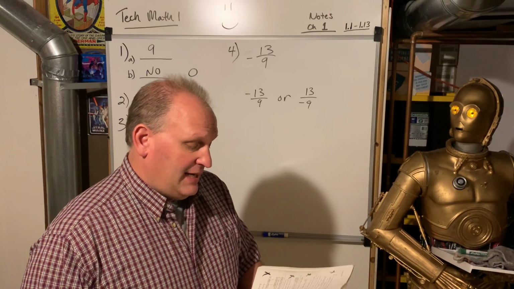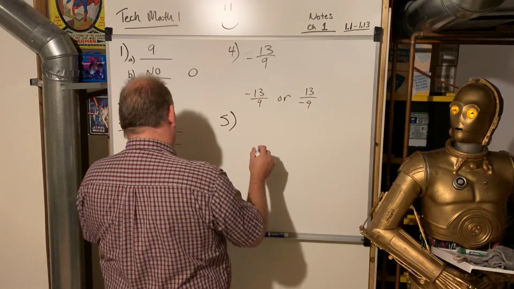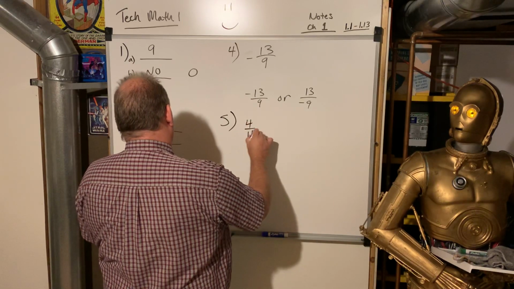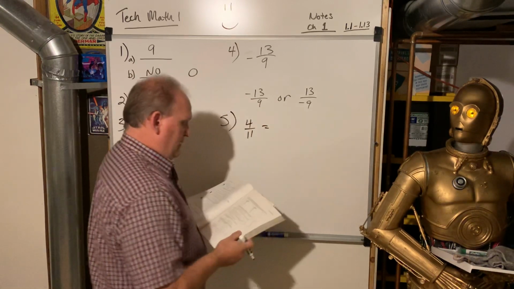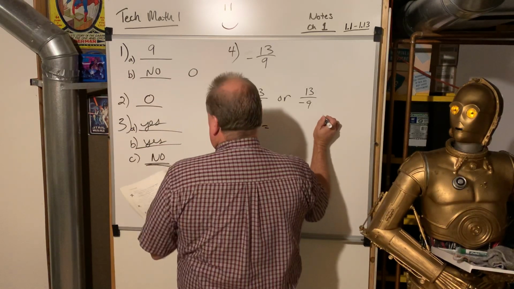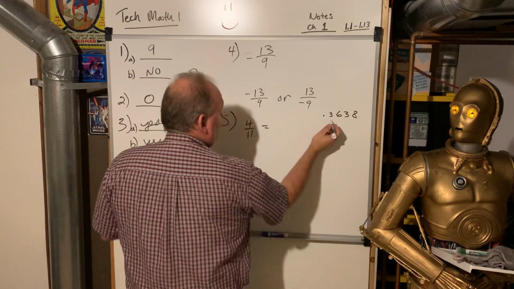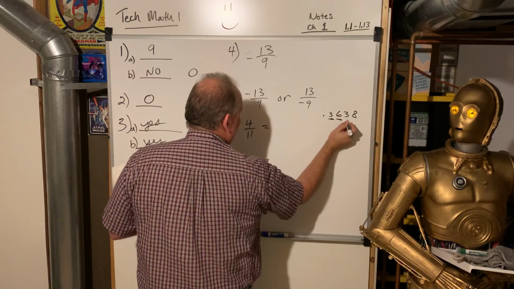Number 5, they already have it divided out for us, so we don't have to divide it out, but they have 4 elevenths, and so they said round to thousandths place. So they did the long division for us in the book. They got 0.3638. So we have tenths, hundredths, thousandths.